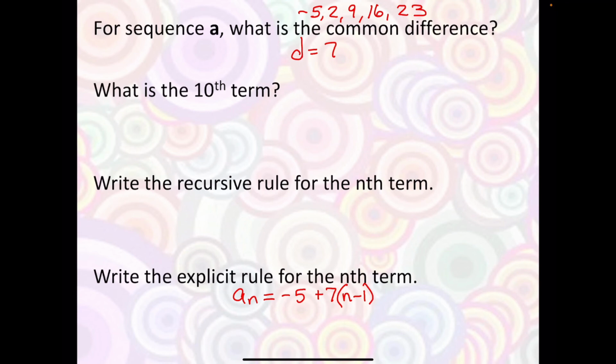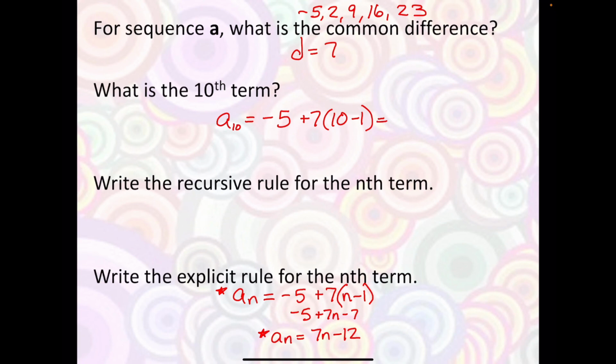And we can leave it like that, or we can simplify and write 7n minus 12, but either way is fine. No matter which way we look at it, if we're finding the 10th term, a sub 10, negative 5 plus 7 times 10 minus 1, which is 9, this ended up giving us that 58 was the 10th term.